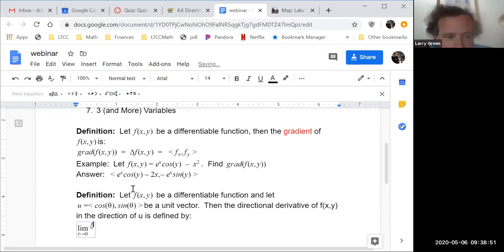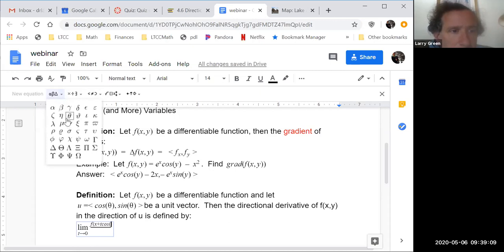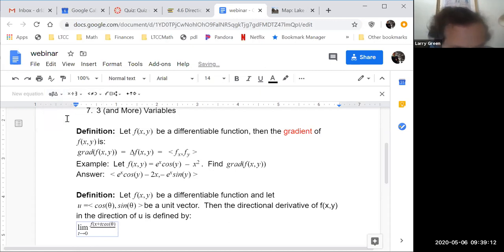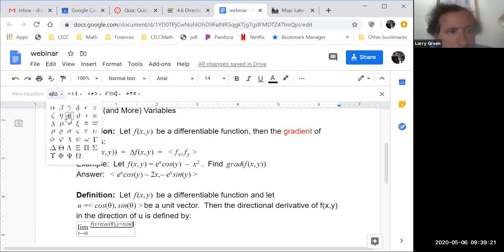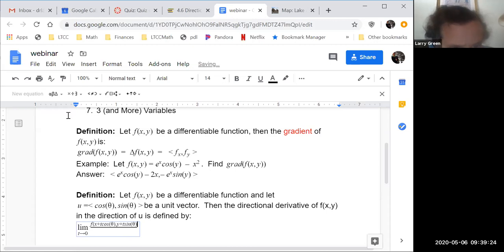And you're going to have f of x plus t cosine theta, comma y plus t sine theta, and then minus f of xy, all over t.